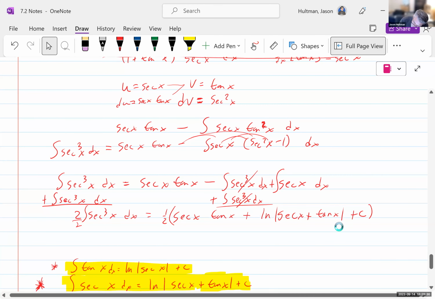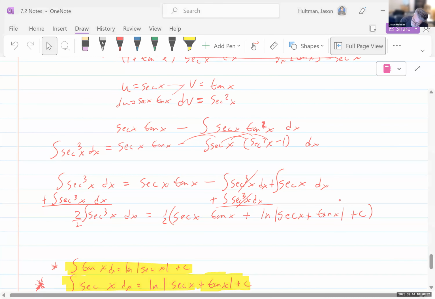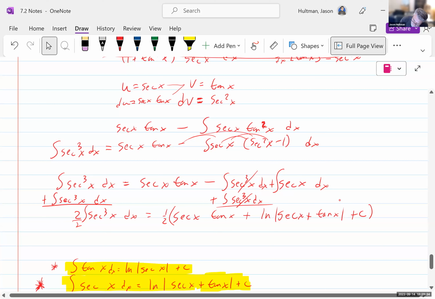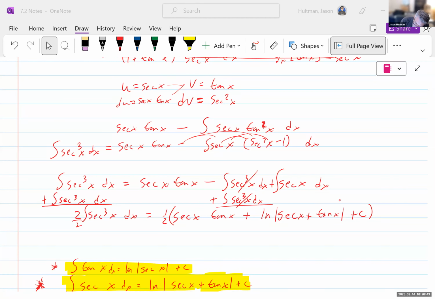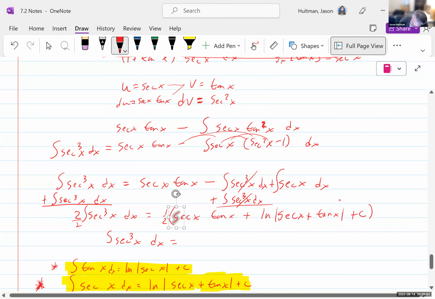And my result, almost done, is that the integral of secant cubed x dx is equal to 1/2 secant x tangent x plus 1/2 natural log.